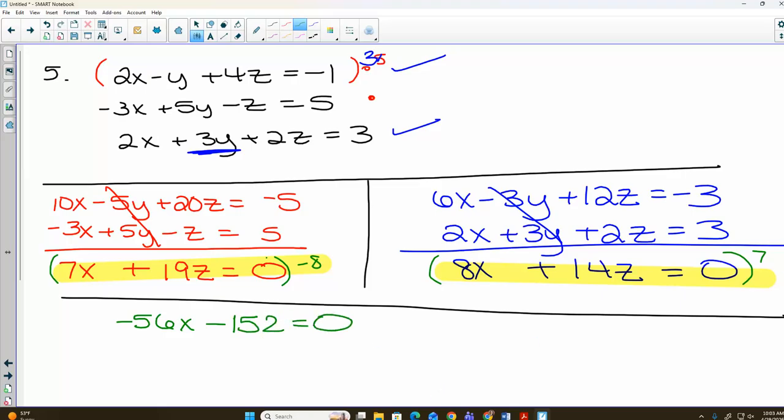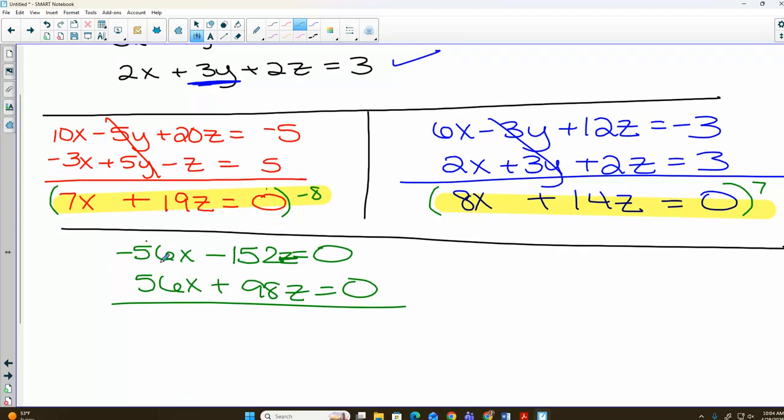Okay, second equation times 7, so we get 56x plus... when I add, my x's cancel, I get negative... side, and z is 0.